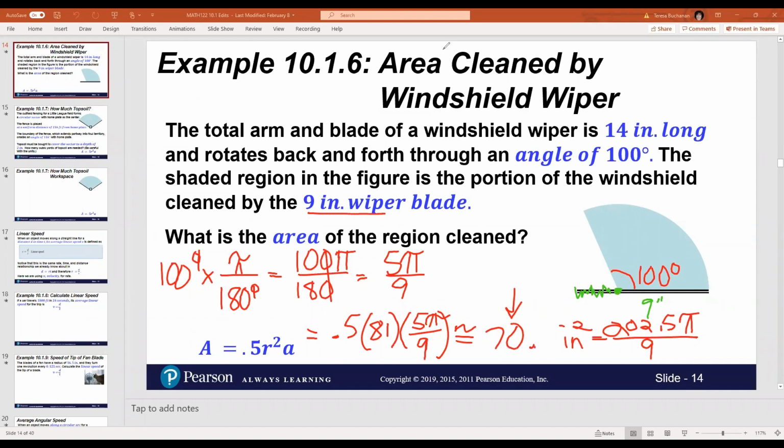So 70.7, that looks more reasonable, square inches. And again, the exact form of that is there if you would like to see that or needed it.